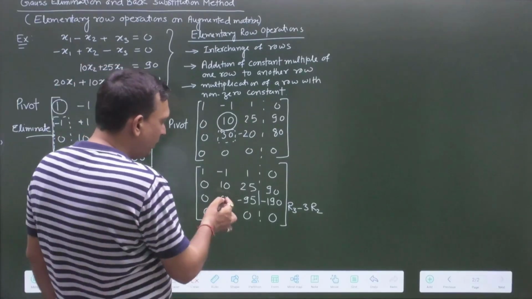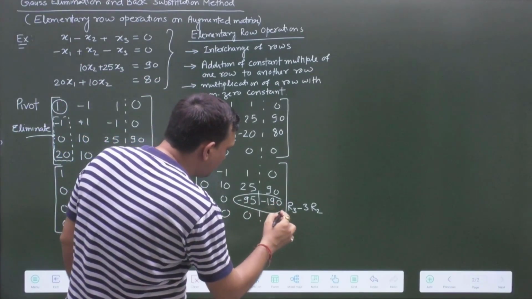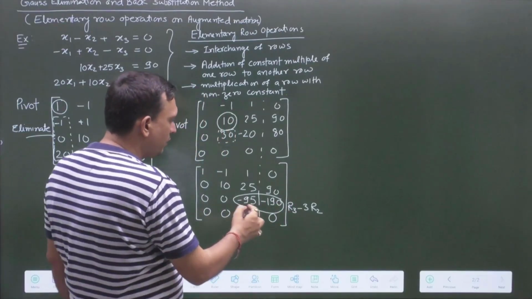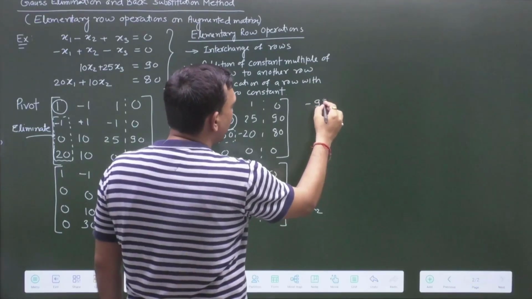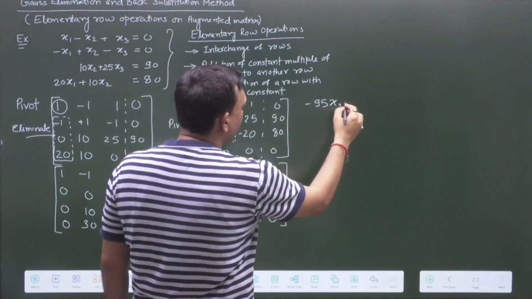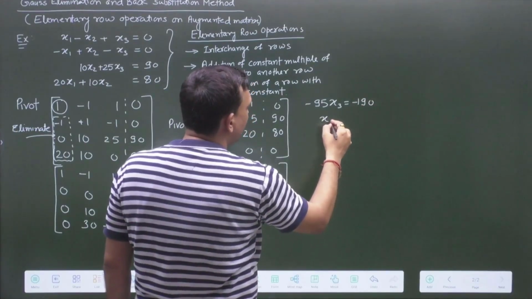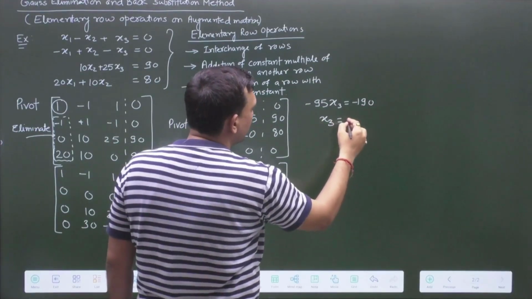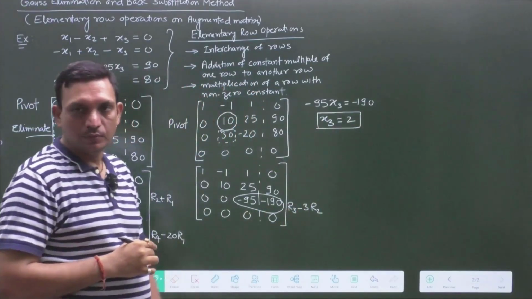So just see, we have eliminated x2 and now you should focus on this. From this equation, what you will get? This is minus 95 x3 is equal to minus 190. So that will give you x3 is equal to 2.